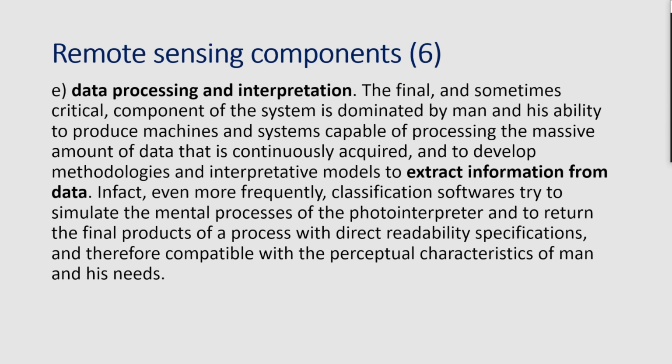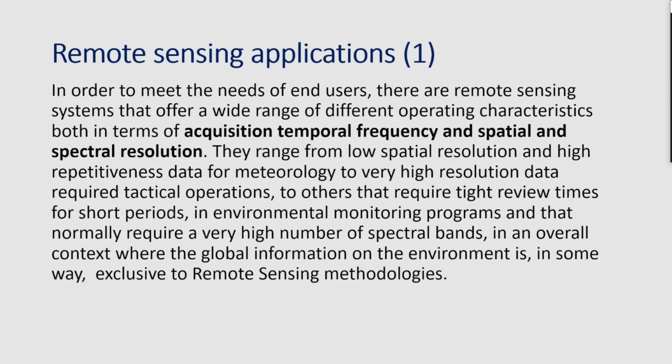In fact, even more frequently, classification softwares try to simulate the mental processes of the photo interpreter and to return the final products of a process with direct readability specifications, and therefore compatible with the perceptual characteristics of man and his needs.